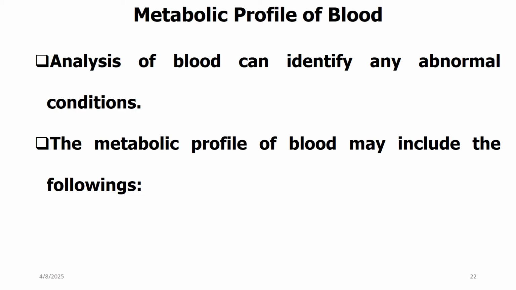In that sense, the metabolic profile means that when you take a blood sample at any given time, because of the metabolism that is going on within the blood, there are certain metabolites that you will find in the blood. Analysis of these metabolites can identify any normal or abnormal condition. And the metabolic profile of blood may include the following.